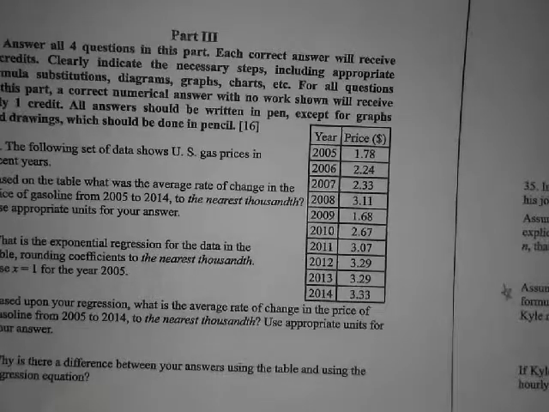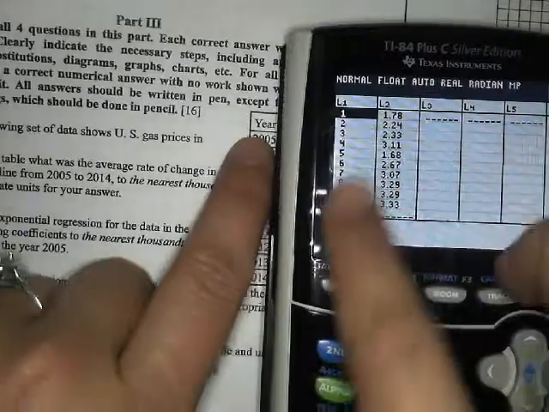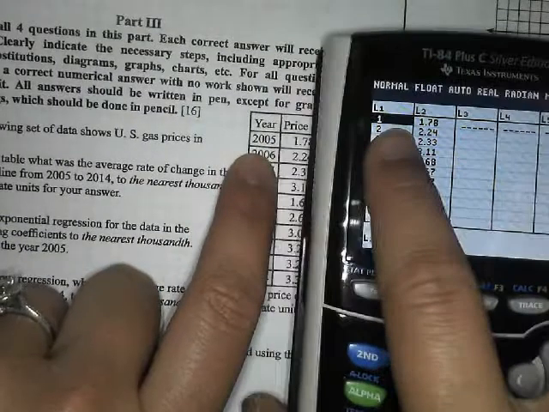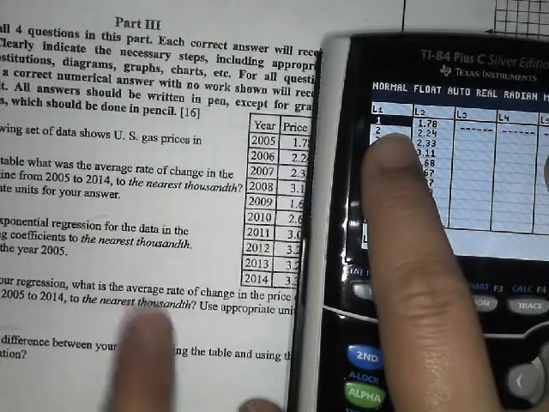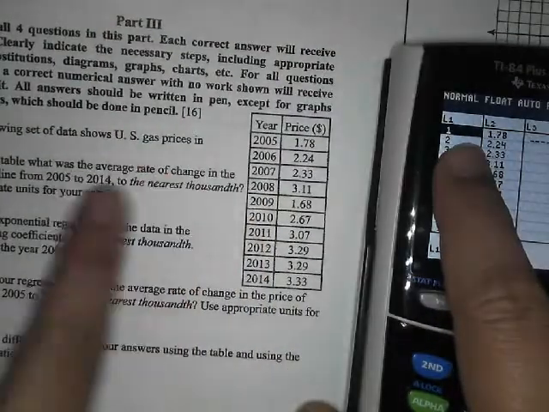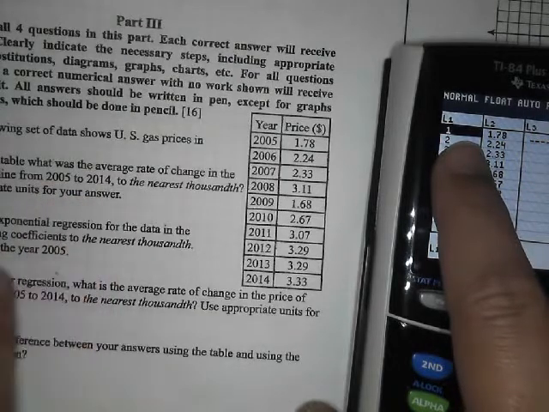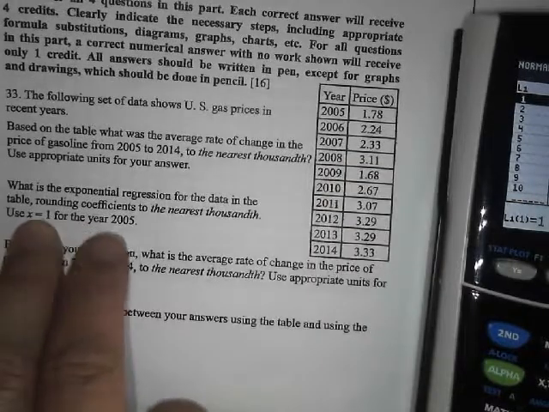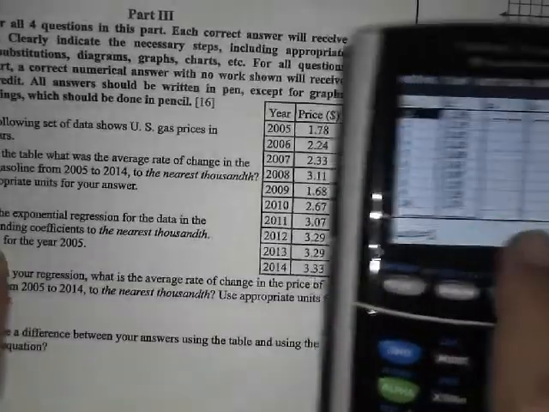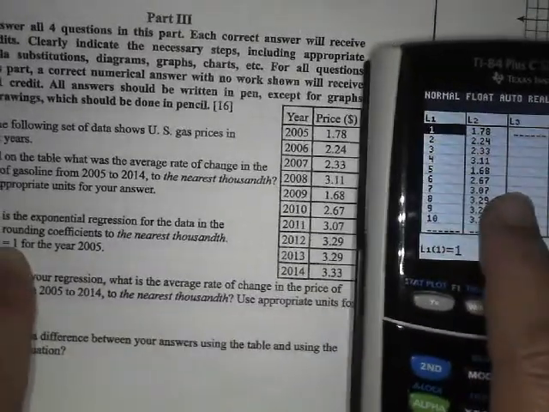Okay, so our data's already typed in, and the x-axis was obviously the number of years since, does it say? Okay, so x equals 1 for the year 2005, so that's exactly what Cole did. Excellent. So first of all, part A, average rate of change.